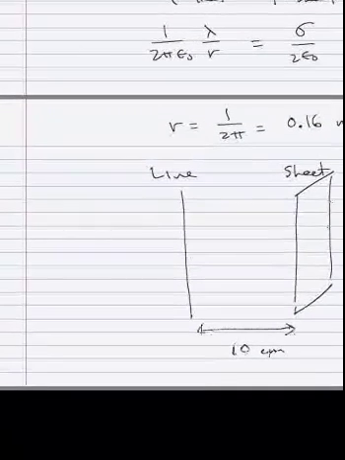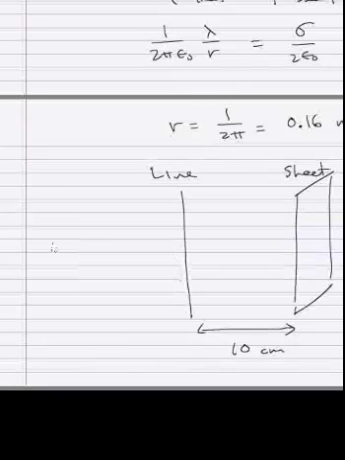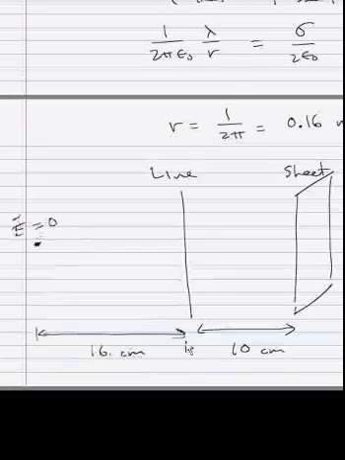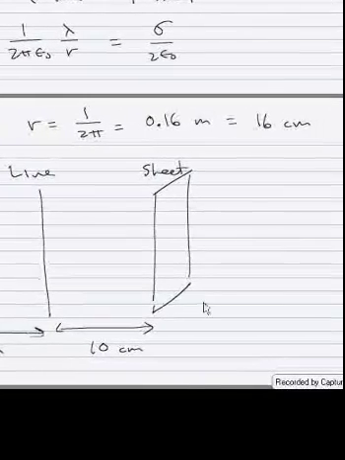It doesn't fall off as you move further away, but it does fall off as you move away from the line charge. So 16 centimeters away from my line charge, I have an electric field of 0. So I come over here 16 centimeters, and I say E is equal to 0 right there. And then I go 16 centimeters on the other side.